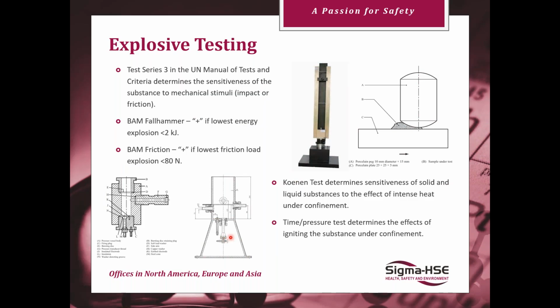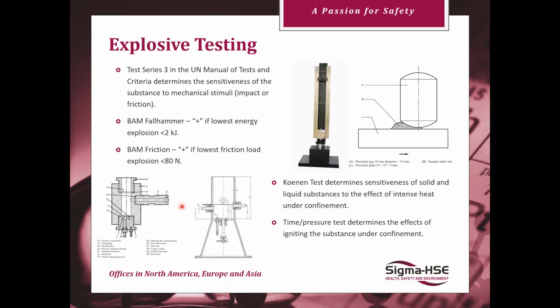So quite an intense heating rate, and we determine a positive result by characterizing the fragments of the tube post-test. So the more severe the effects are to the tube, the more likely it is to be classed as explosive. So this test is repeated at increasing orifice diameters until 3 negative results are obtained.